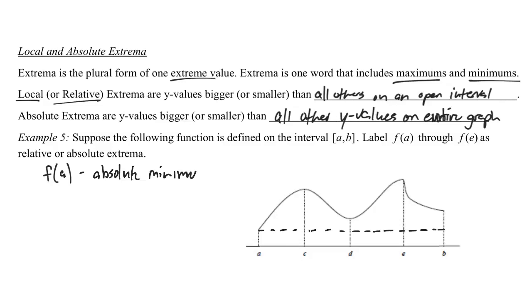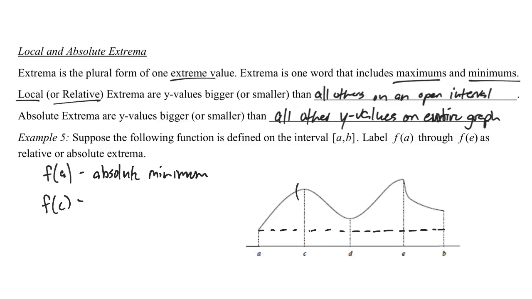Again, it cannot be a local minimum because there's no open interval around it. There's no left side to f of a. But it is the absolute minimum because it is the smallest y value on the entire graph as we see it.